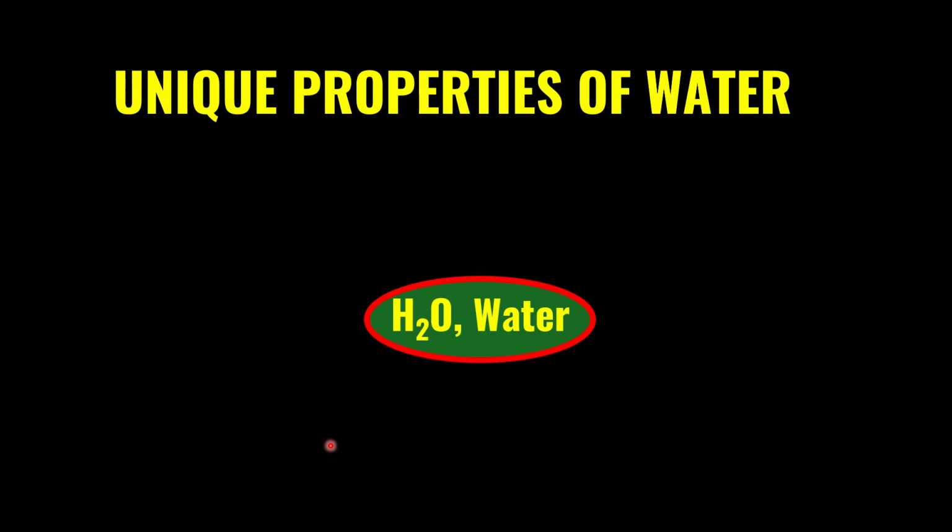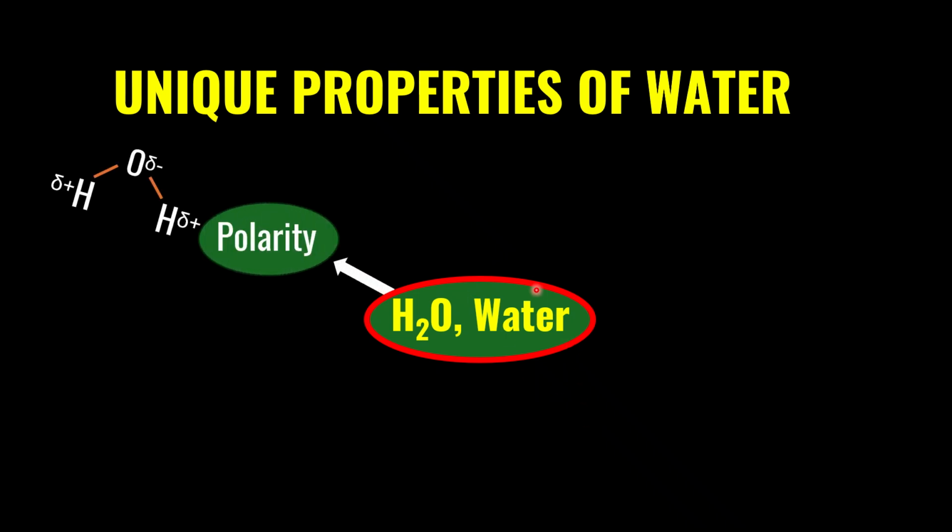As a biochemistry student or molecular biology student, you should know the unique properties of water. Water is not only an abundant molecule, but it has certain unique properties, such as it is a polar molecule, it has partial negative charge and it has partial positive charge, due to which it acts as a dipole.